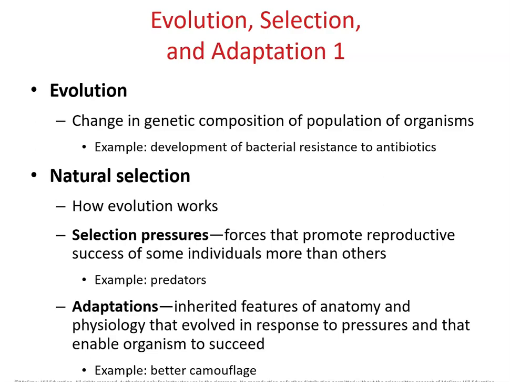Something that's inherited that can help them survive better. So better camouflage is an example of an adaptation. Speed is an example of an adaptation. If there's some courtship ritual dancing that some species do and some individuals are better at that, that could be an adaptation.